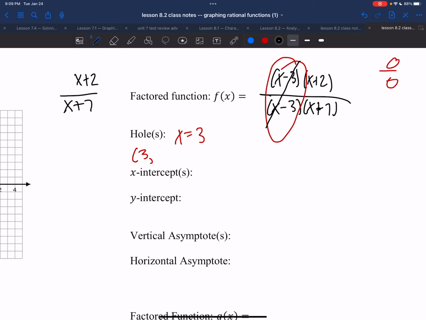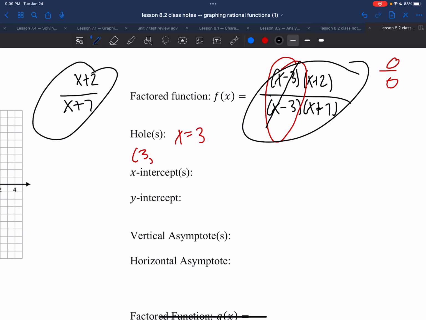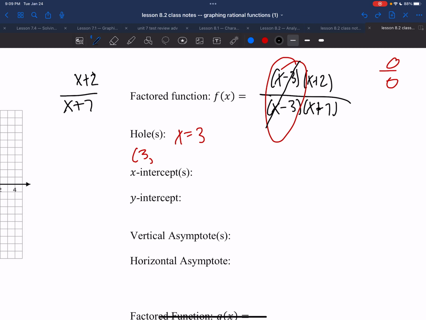This is essentially the same function, just this one has a hole, whereas this one doesn't have a hole. And so we're going to plug in x equals 3 into this function that doesn't have the hole to figure out where that hole is.